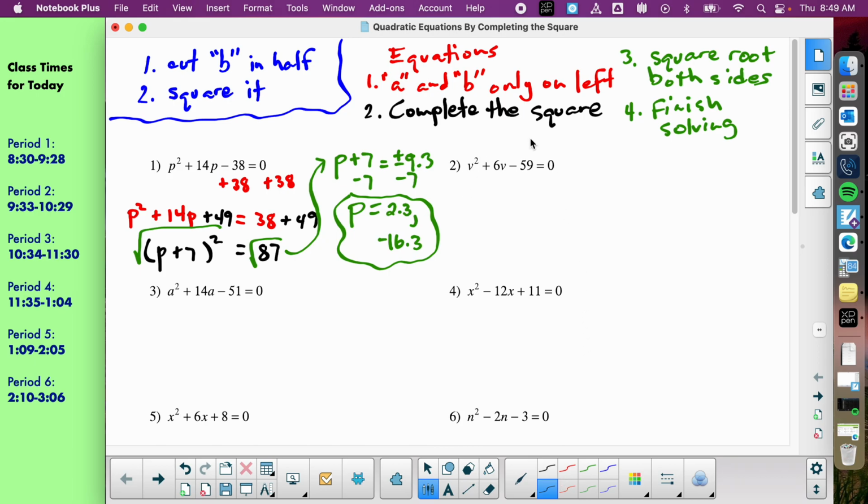Okay, so number 2. First step, the v squared and 6v have to be the only thing on the left. So I want to get rid of minus 59 by adding it. And if you find that there's not even close to enough room for you on the worksheet, feel free to write on other paper. I know that's one of the downsides of worksheets.